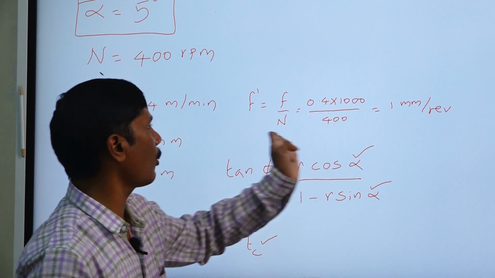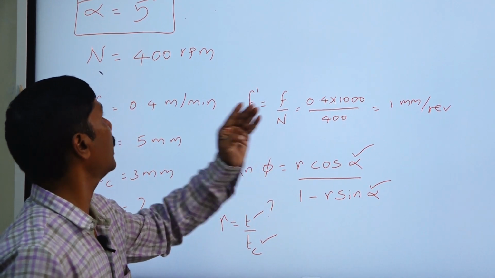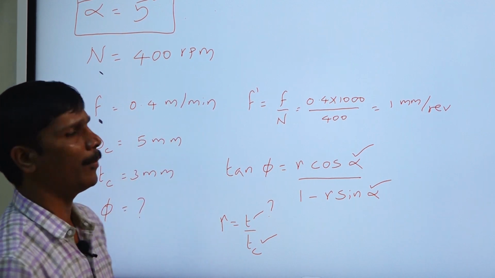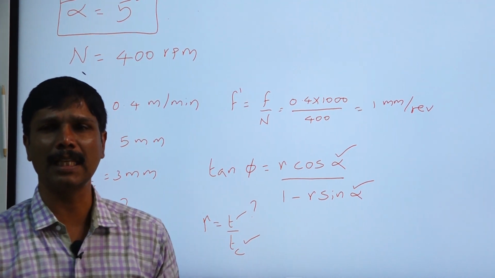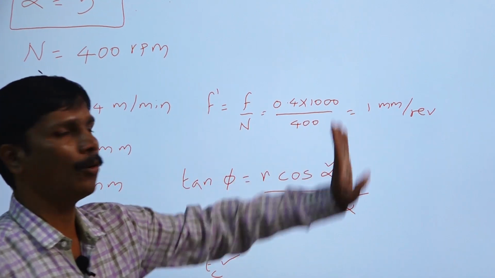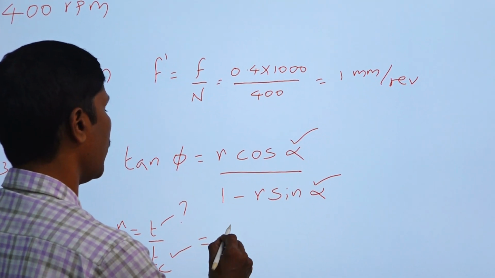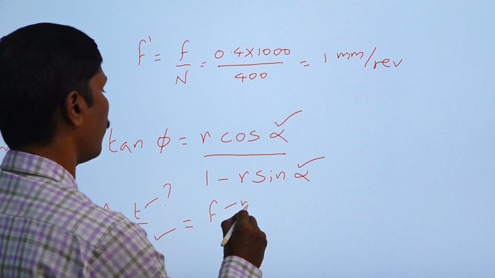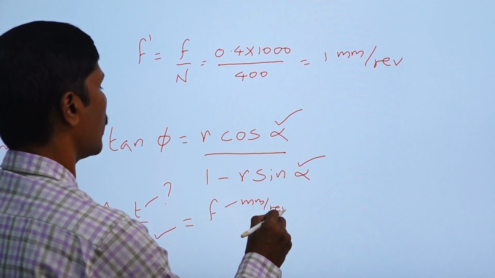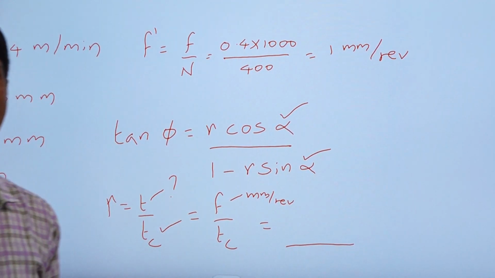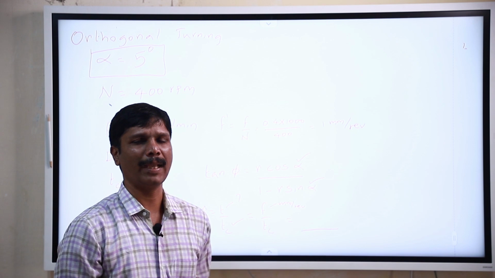To get millimeter per revolution we divide by the rpm. Meter per minute divided by revolution per minute, the minute cancels, so millimeter per revolution comes out. Instead of t, you can use the feed in millimeter per revolution, and you can find the answer. Make a note.